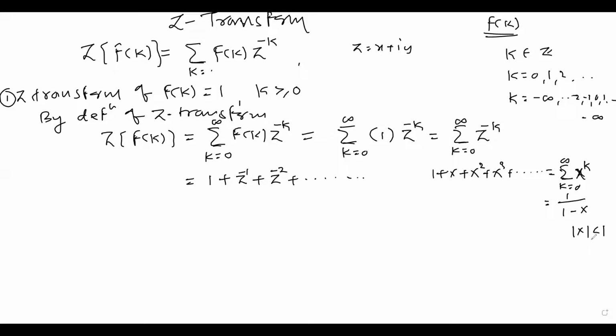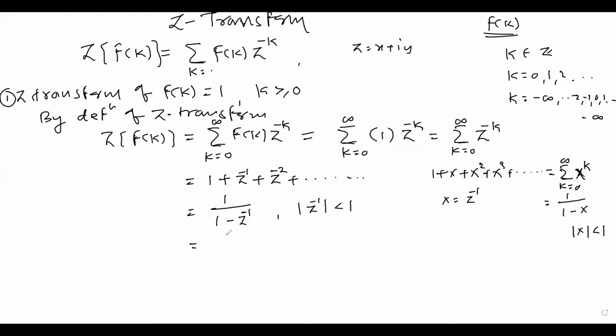That is the ROC, region of absolute convergence. So here x is z raised to minus 1. It can be written as 1 upon 1 minus z raised to minus 1, and the ROC is mod z raised to minus 1 less than 1.